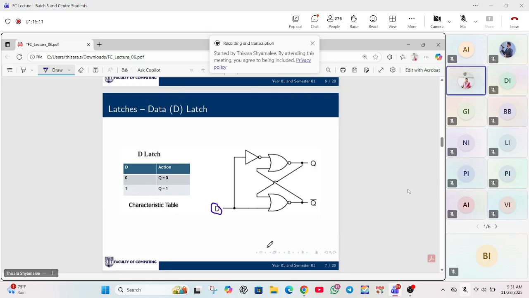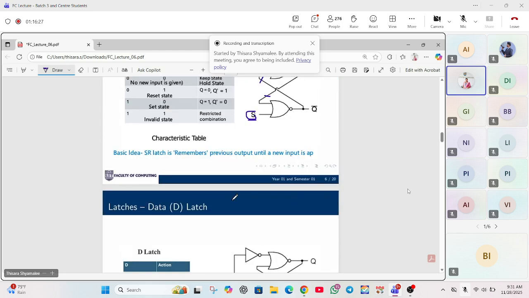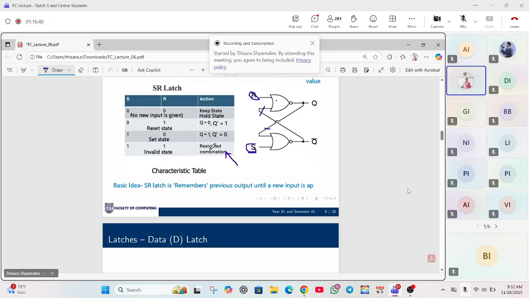The D latch is designed to eliminate the restricted combination state. In the previous one, there's a state called the restricted combination. That means the last state, when S becomes one and R becomes one, then it moves into the restricted combination state.